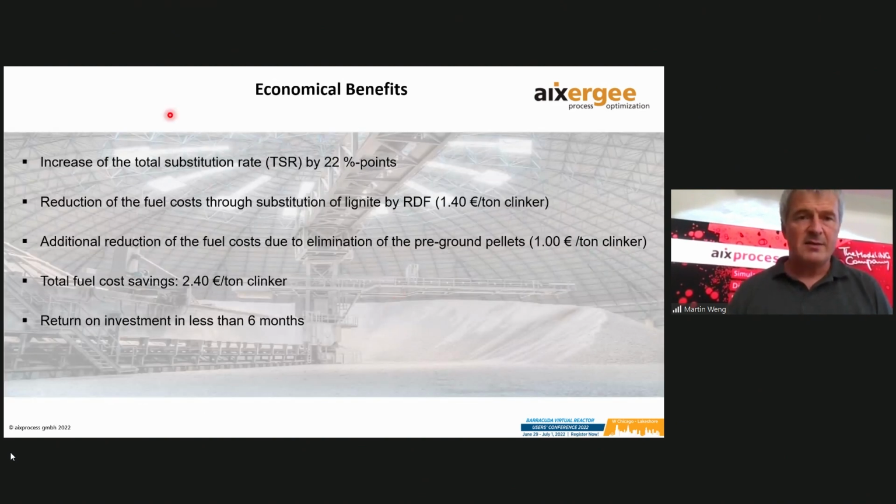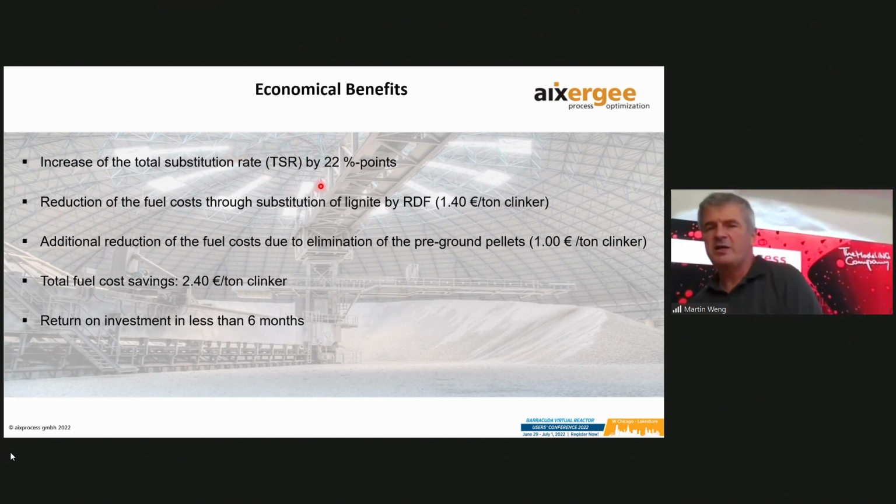And what is the economical benefit? The total substitution rate could be increased by 22%. That meant a reduction of fuel costs through the substitution of lignite by RDF of around 1.4 euros per ton clinker.